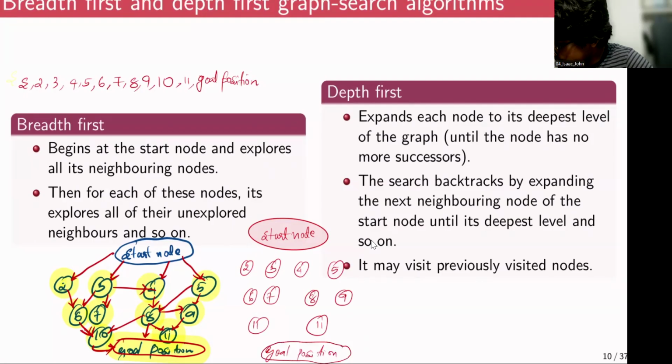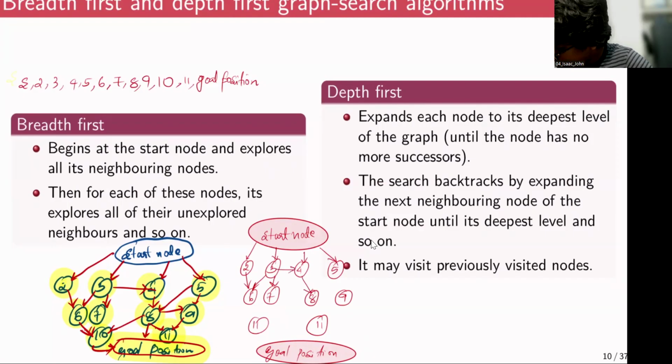And let me reproduce whatever I have created in the earlier example. So the start node is connected to 2, 3, 4, and 5. Then 2 is connected to 6, 3 is connected to 6 and 7. 4 is connected to 8. 3 is also connected to 4.